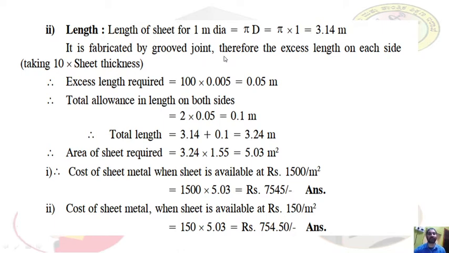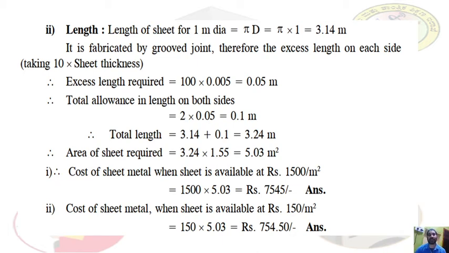It is fabricated by groove joint, therefore excess length on each side taking 10 into sheet thickness. For height wise we have taken 5 times excess sheet, and in lengthwise you have to take 10 times the sheet thickness as allowance for making the groove joint. So excess length of the sheet required is 10 into sheet thickness 0.005, both sides, so 2 times.